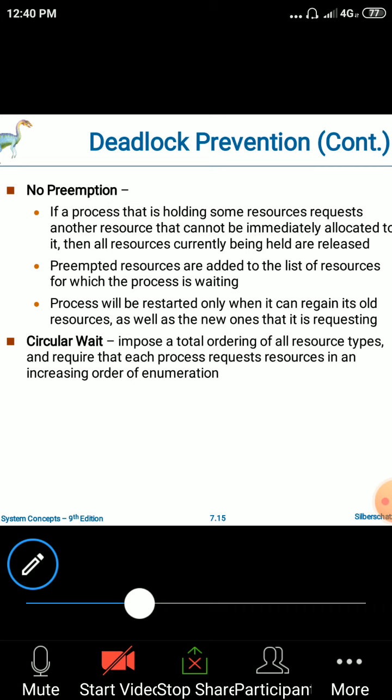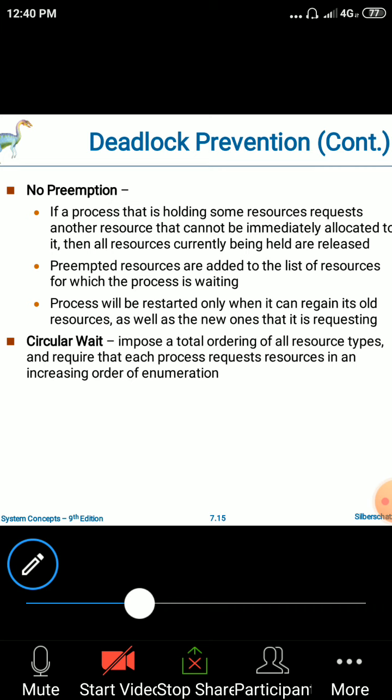One is: whenever a process requests resources that are currently held by other processes, the resources cannot be immediately allocated. Then all the resources currently held by the requesting process are released, that is, preempted. Once preempted, they are added into the list of resources where they can be used by other processes.